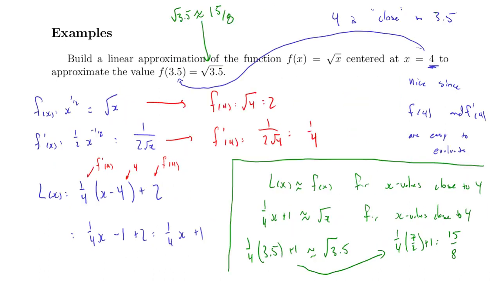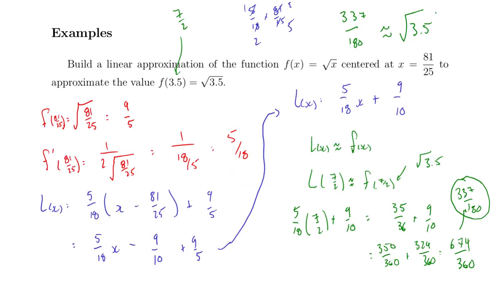So we have two approximations: 15/8, and 337 over 180. Which approximation is better? Hopefully we can tell that this second one is, because our center, 81 over 25, is closer to 3.5. So this is a better approximation, although it's a more annoying one to get, right?